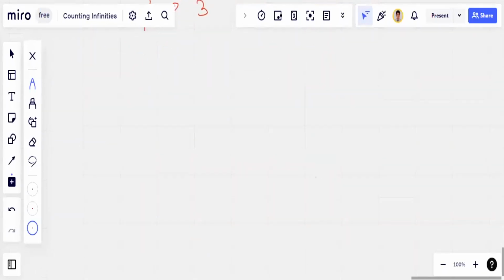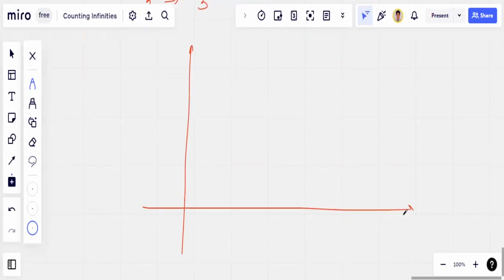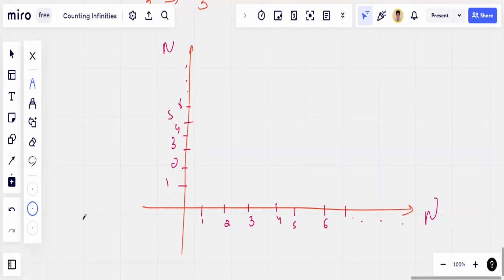Okay, let's think of N cross N first. So what is N cross N? Basically, if you consider this natural number line here, and then here you have 1, 2, 3, 4, 5, 6, and so on, and 1, 2, 3, you have all these points basically.